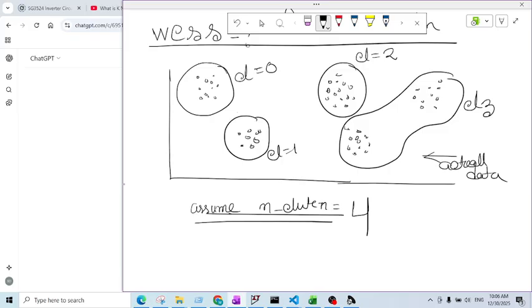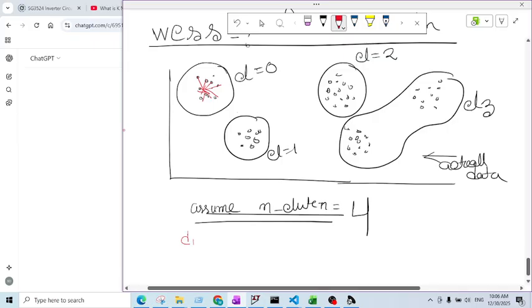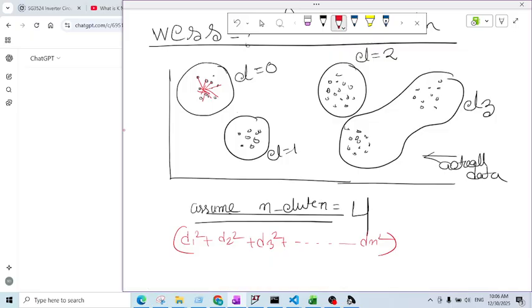So what you will do is find the centroid, or the center position, and find the difference to all the points of this cluster. I mean d1 square, d2 square, d3 square, dn square, all the differences of cluster 0. And similarly you have to find the centroid of cluster 1 and find the difference squares.